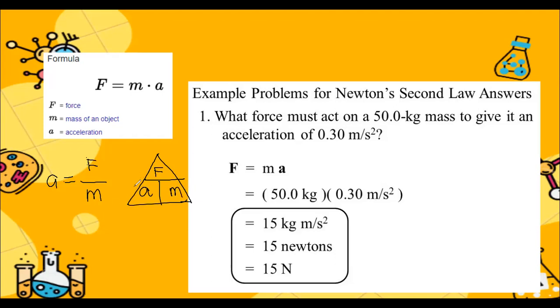If A is missing, cover it and you get F divided by M. If force is missing, cover F and you get A multiplied by mass. If mass is missing, cover M and the formula is F over A.